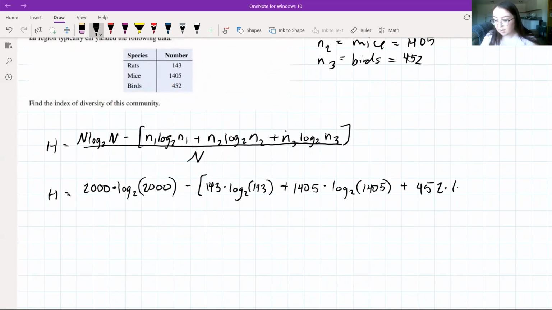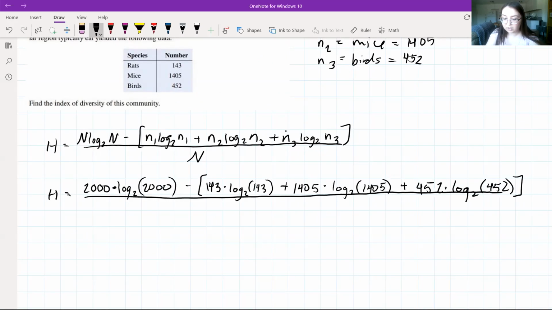We multiply that by log base 2 of 452. And we're going to divide this all by capital N, which is 2,000. All right, now we have input all of our information.